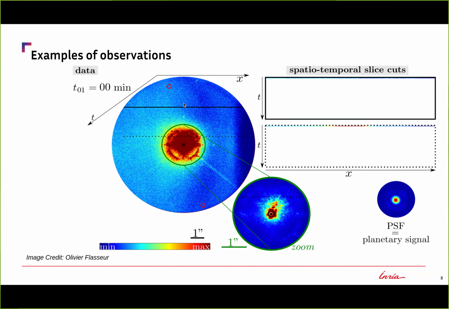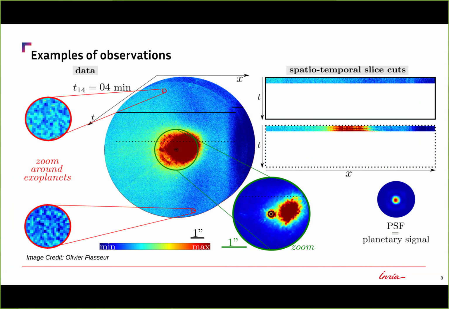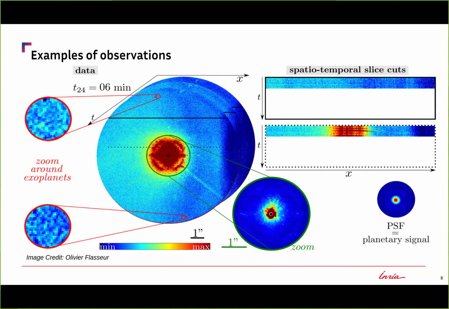When we capture an observation, we capture several frames. What we observe during these frames is that the signal of the star is not exactly static; it's quasi-static, so it has a slight temporal evolution, which makes it very difficult to subtract.